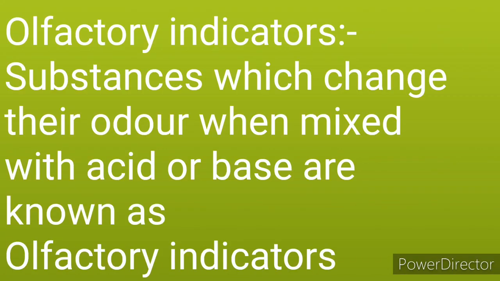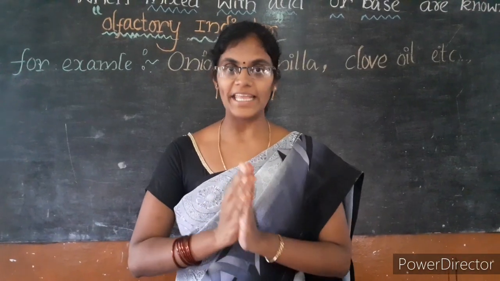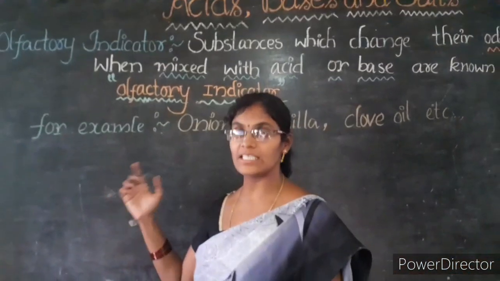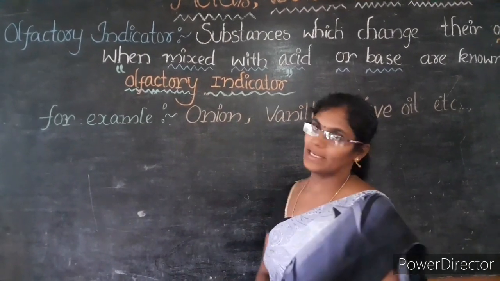Look here children, what are olfactory indicators? Substances which change their odor, odor meaning smell, when mixed with acid or base are known as olfactory indicators. Children, for your better understanding, I will explain olfactory indicators with an activity with onion.